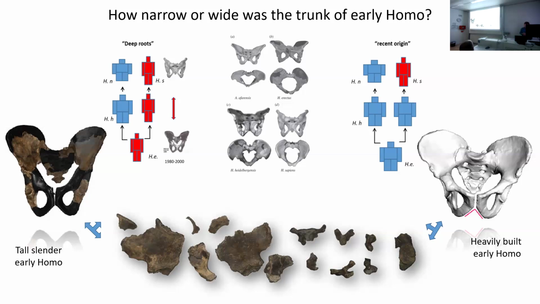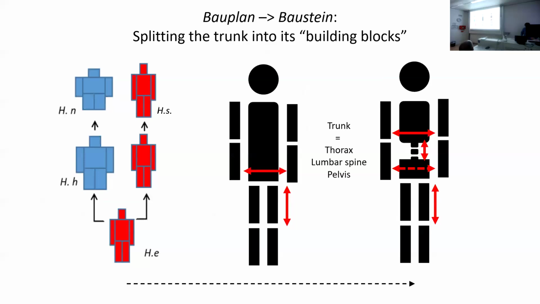And in order to answer these questions, we introduced the concept of building blocks and wanted to focus on the evolution of the body plan, not in the context of a kind of monoblock, but we divided it into three parts, which are the thorax, the lumbar spine, and the pelvis. And we're interested whether dividing the trunk into these modules can provide a better answer to this question of the origin of body shape.